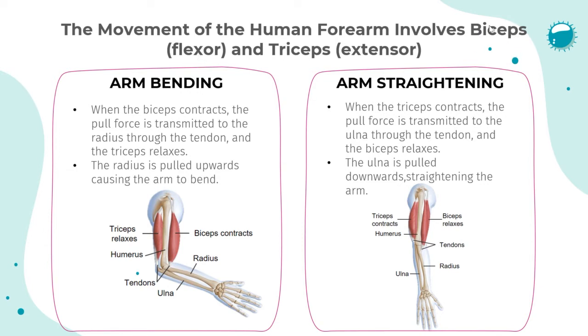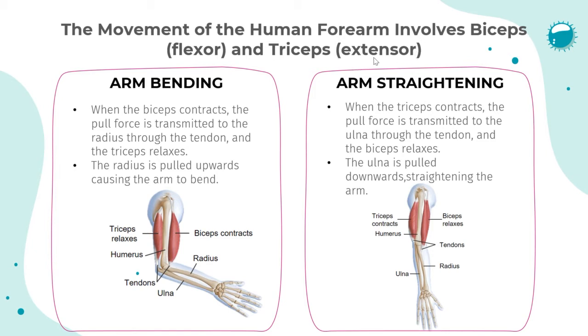Because when the bicep contracts, what happens to the forearm? The forearm will bend. And triceps, here, act as extensor.